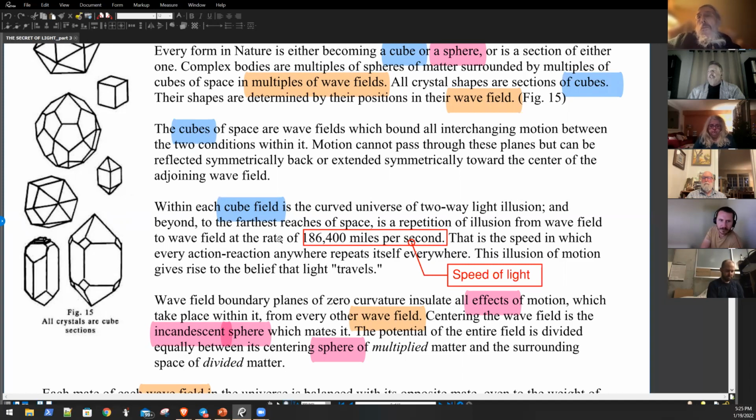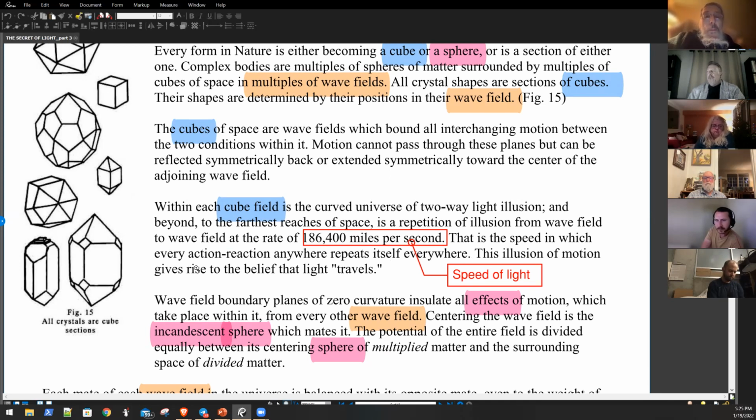And then to wave field at the rate of 146,400 miles per second, which is supposedly the speed of light when you're doing calculations. But what Walter Russell says is that that is the speed at which every action-reaction anywhere repeats itself everywhere.